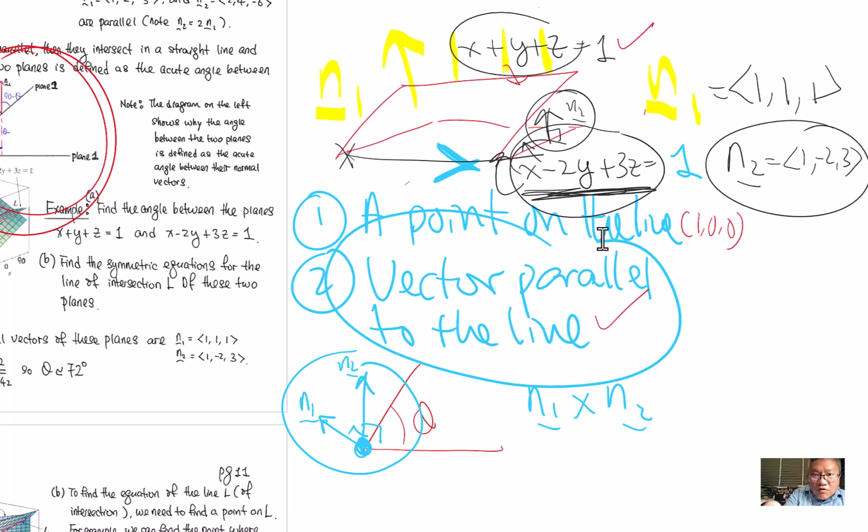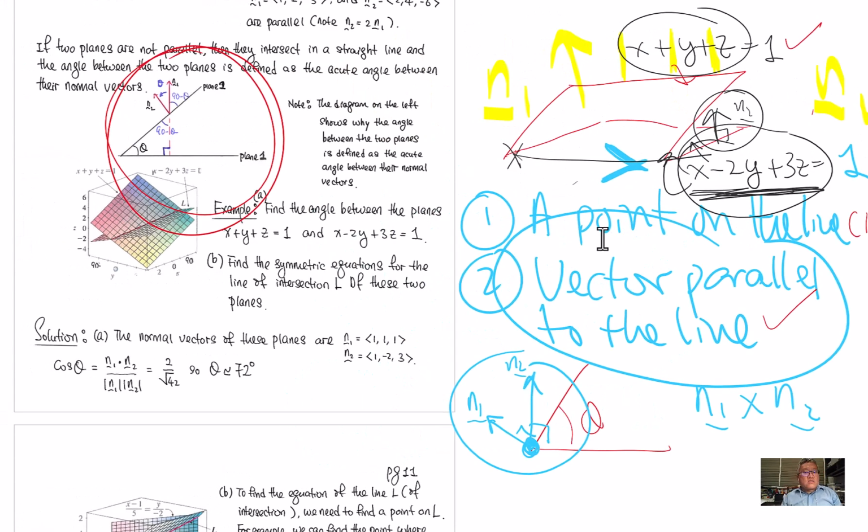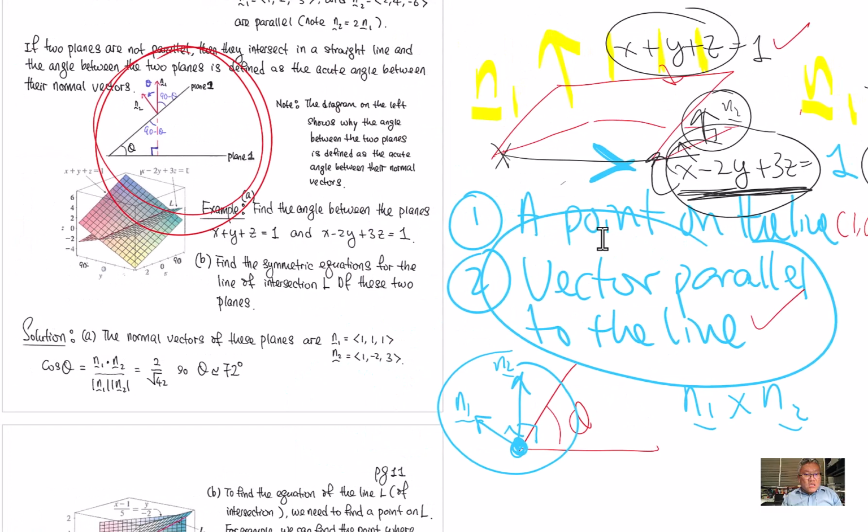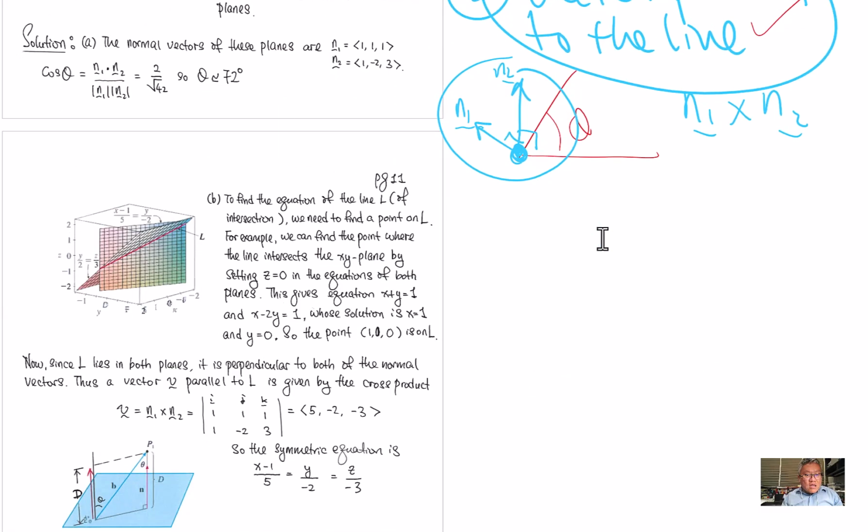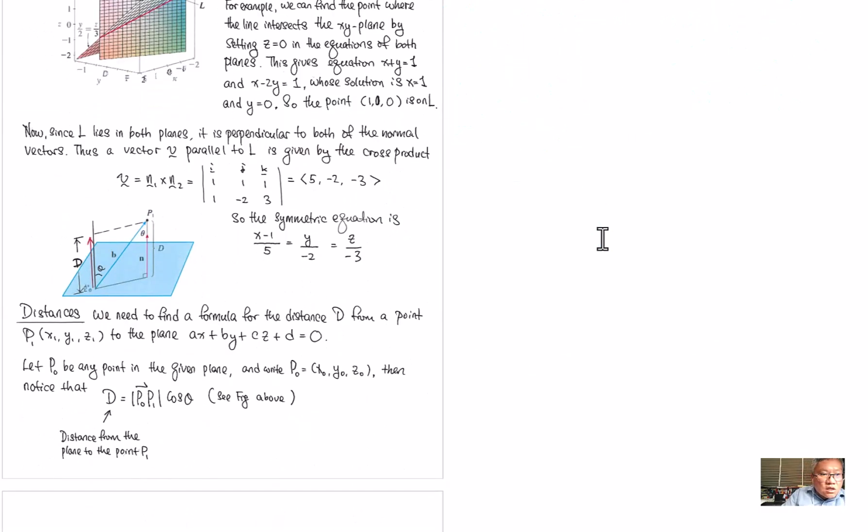Call it the first plane and the second plane. And once you know that, everything will be very easy, because taking the cross product will give you the directional vector. So the directional vector turns out to be (5, -2, -3). Refer to your notes, or you can just do it yourself. So this is a directional vector. And then what is one of the points that's on the line? This is a point that's on the line.